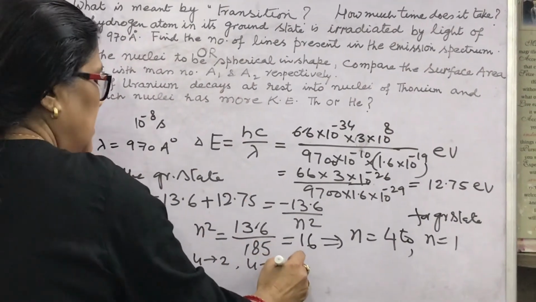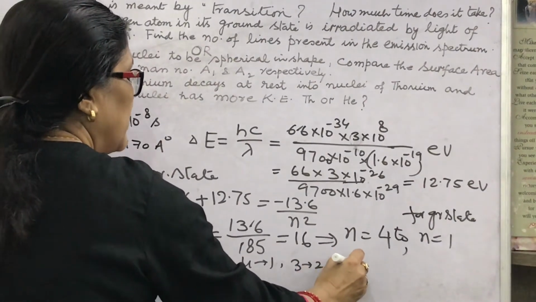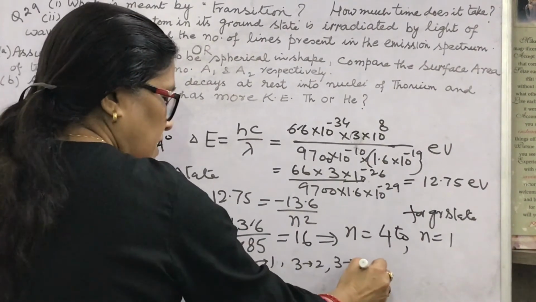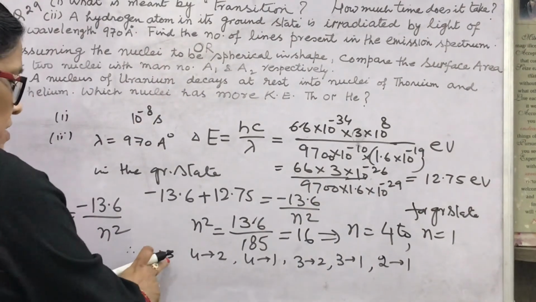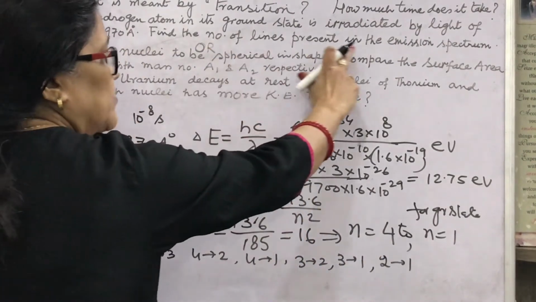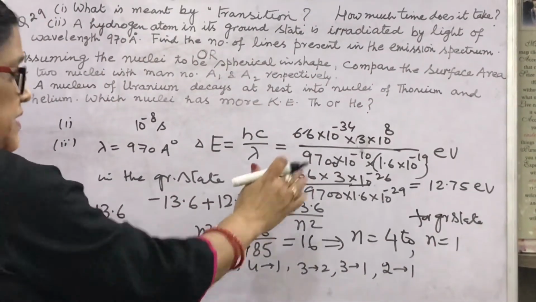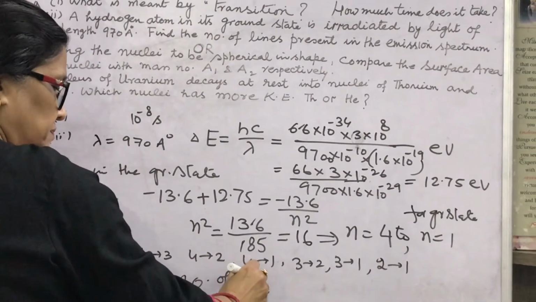Come to the third: 3 to 2, then 3 to 1. Come to the second: then 2 to 1. That is 1, 2, 3, 4, 5, 6. So the number of lines present in the emission spectrum will be 6.